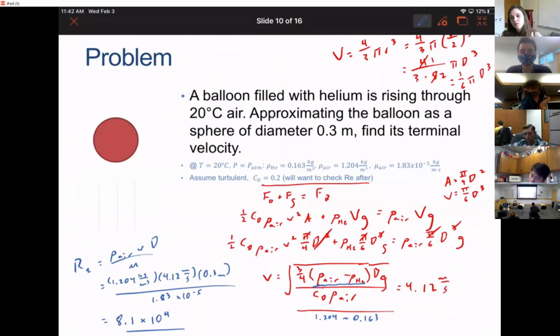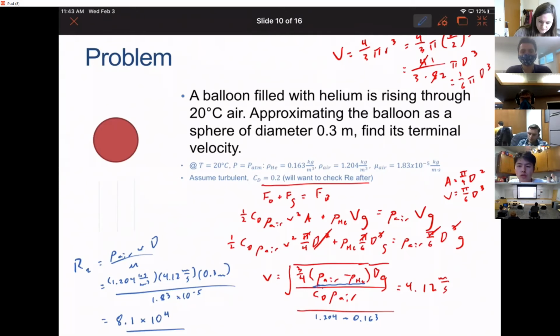The helium's about an order of magnitude smaller than the air. And so I would think that the buoyant force is going to be significant here. Because one of those densities represents the weight, and one of those densities represents the buoyant force. And so when I put them together, they're about an order of magnitude different. I would say that's close enough that you have to consider both forces.